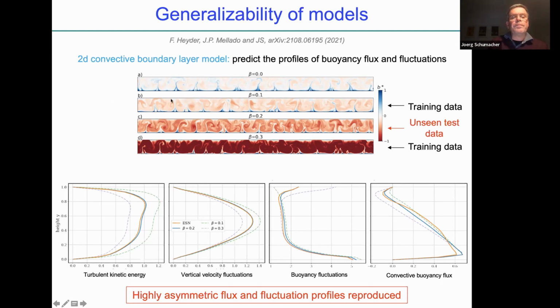We have this parameter beta. We have trained the model for 2 data records, and then we have looked at the prediction capability at the third parameter, where the data were completely unseen before. And you see again that these highly asymmetric profiles of the buoyancy fluctuations or of the fluxes across the layer are reproduced pretty well.